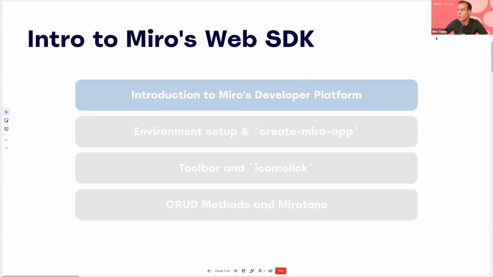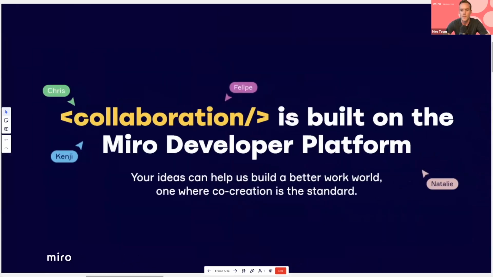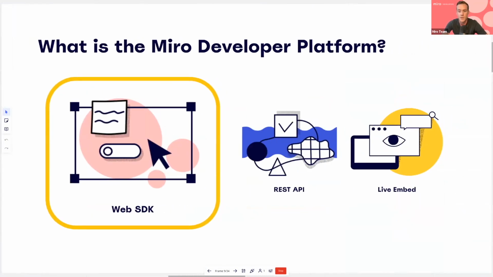All right, so moving right along. First things first, we're going to ground today's session in talking about Miro's developer platform, which refers to the combined power of our Web SDK, our REST API, and our live embed.